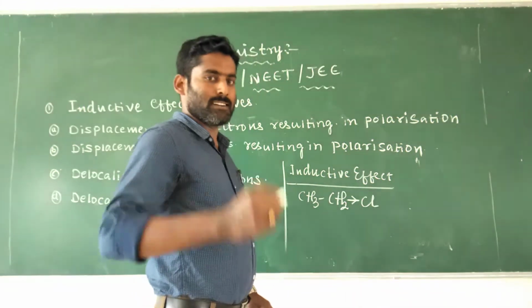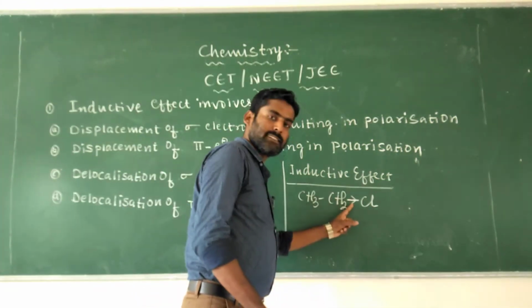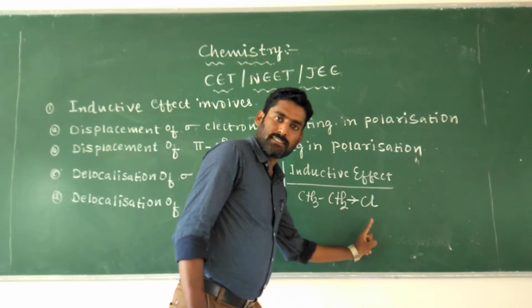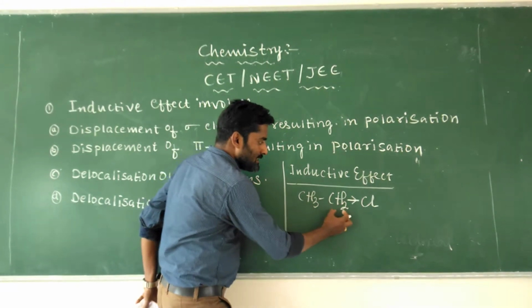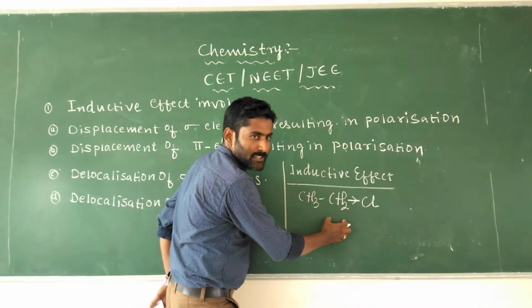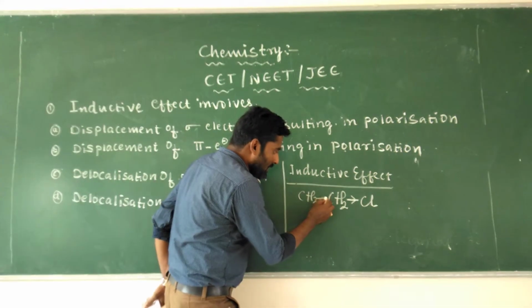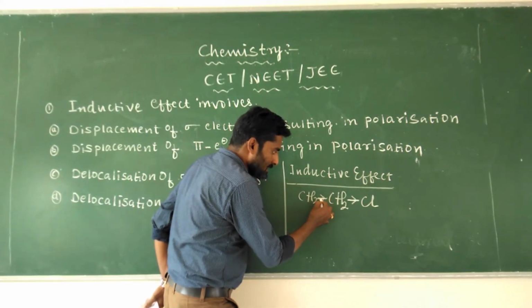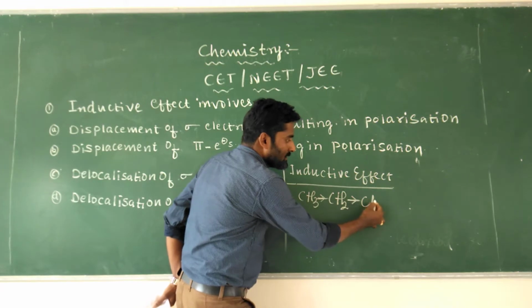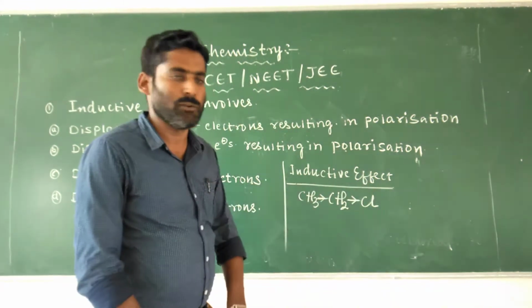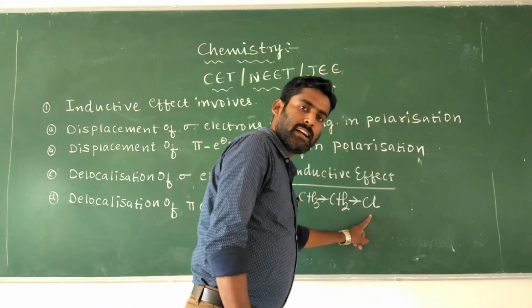Now the sigma electrons of the carbon chain are displaced towards the most electronegative atom, that is the chlorine atom.